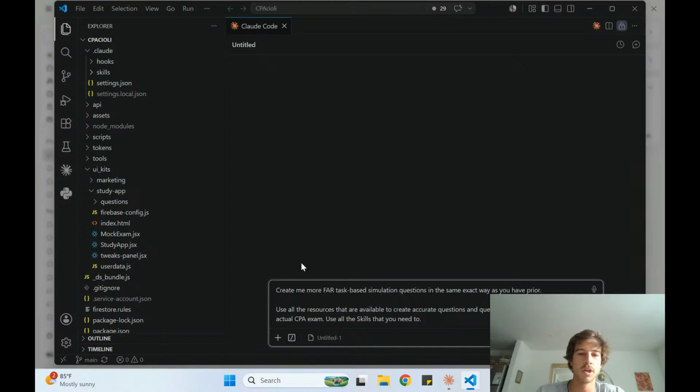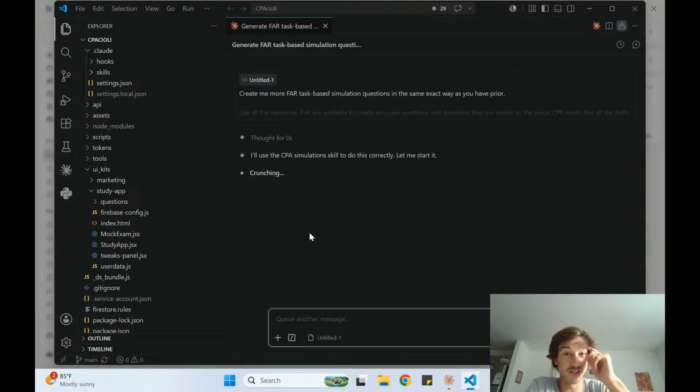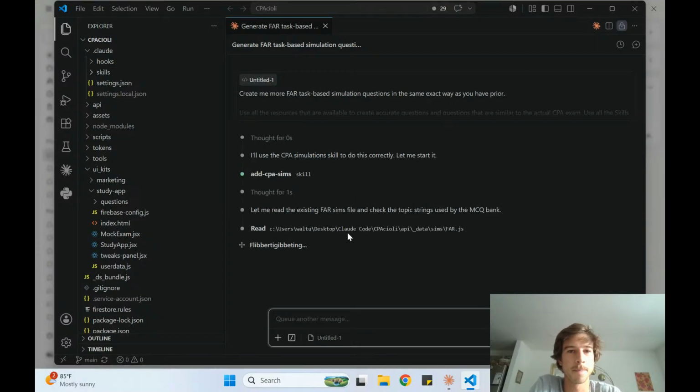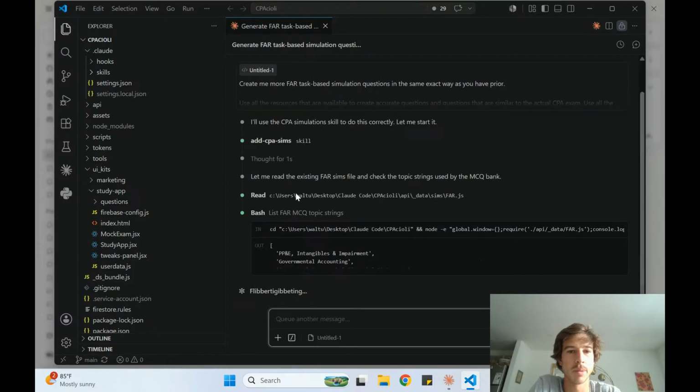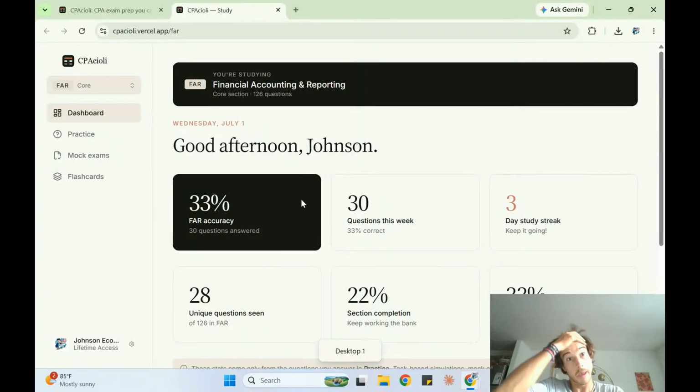Cool. So now that we have that started, let's get into the studying. I'll make sure it doesn't make me verify anything here. I believe that's good. So that's creating more task-based simulations for the FAR section, and I'll create more sections as I study for this.